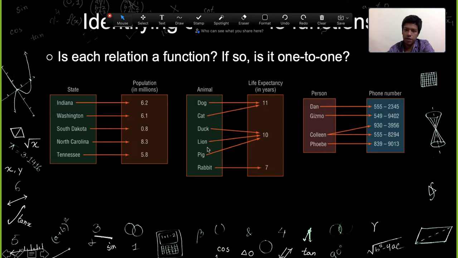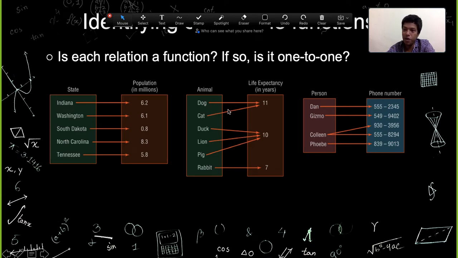They are different. Like duck has only one output. Lion has only one output. Pig has only one output. But duck does not have two different outputs. Suppose we ask, what is the life expectancy of a dog? You cannot say the life expectancy of a dog is 11 years and also 7 years, because this is ambiguous.